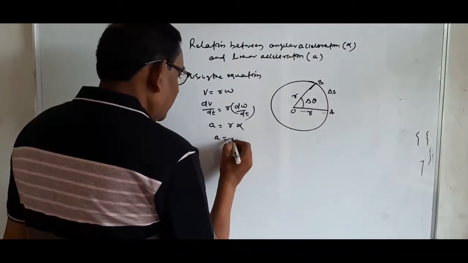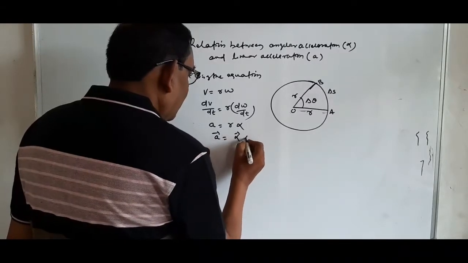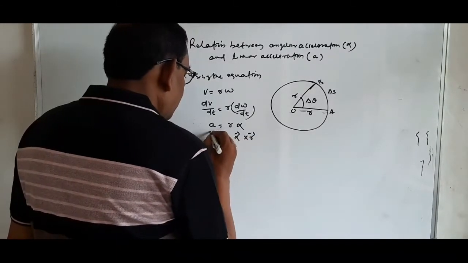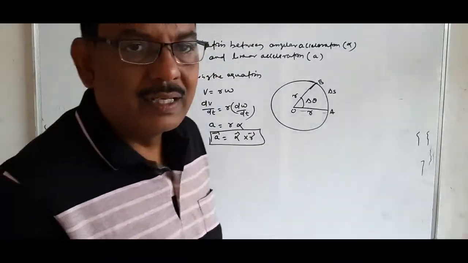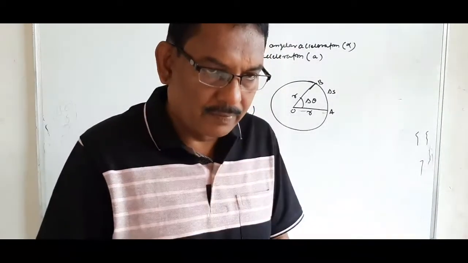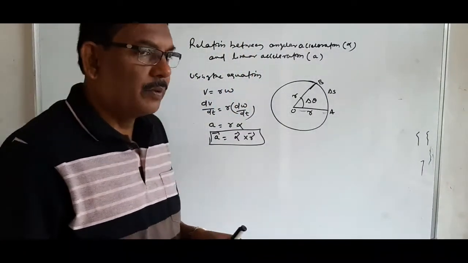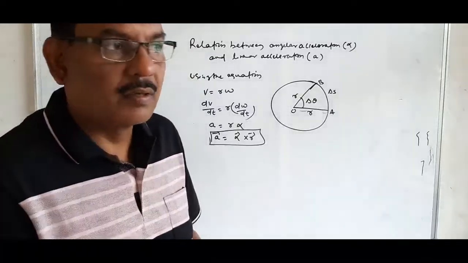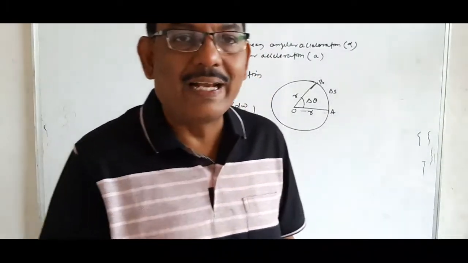So a is equal to, in vector form, alpha into R. So this is the relation between angular acceleration and linear acceleration. This is all about the simple definitions and relations of angular velocity with linear velocity and angular acceleration.